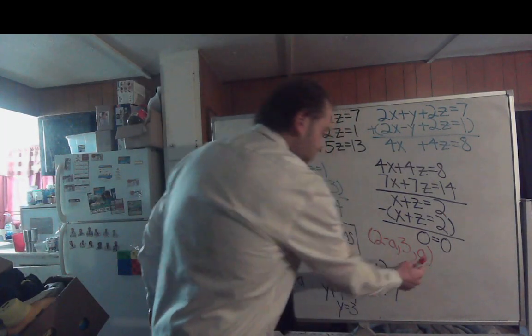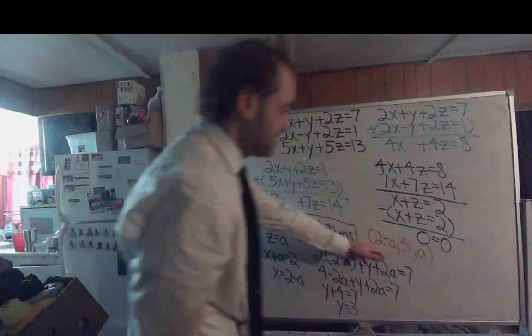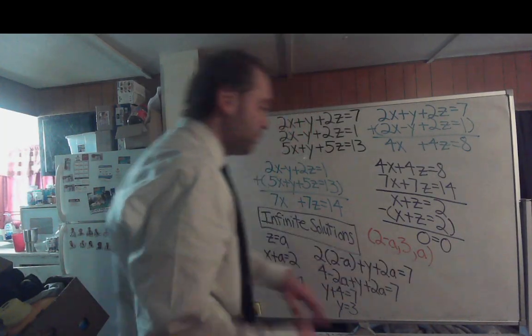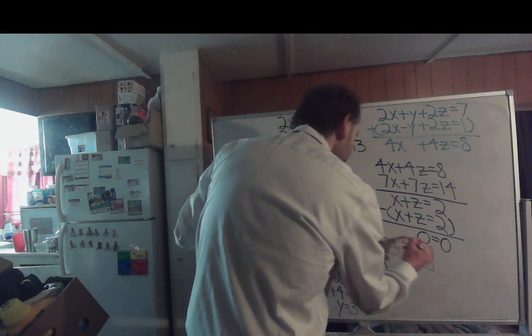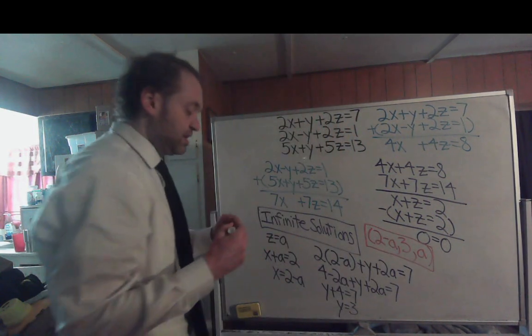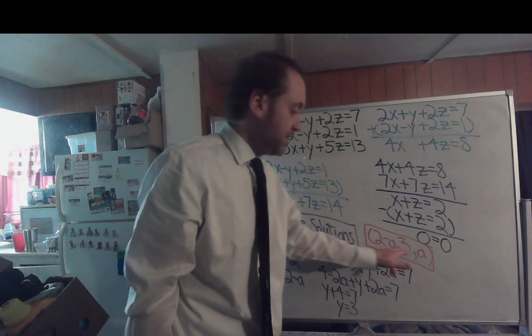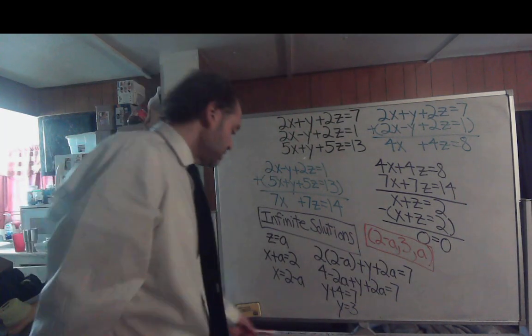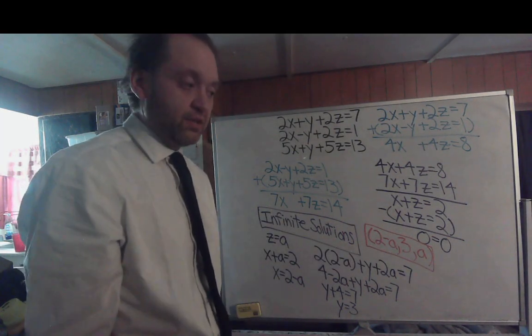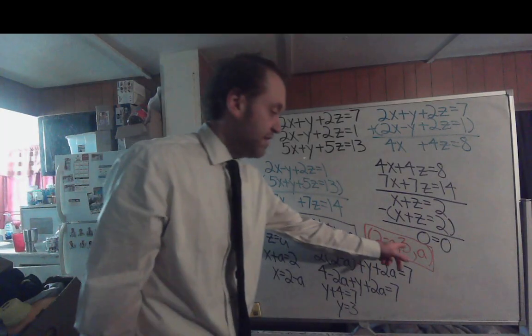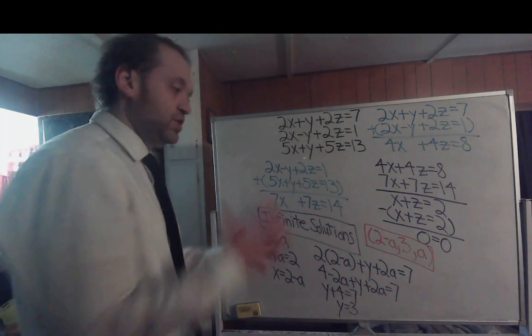We set z equal to a, then we solve for x, and then we put those together, solve for y. So you might see the solution in a book listed as 2 minus a, then 3, then a for the ordered triple. If you ever see an a, that means there's infinitely many solutions. But the y variable is always 3.